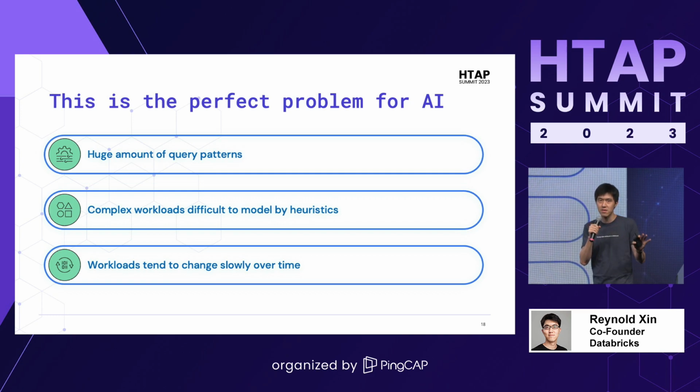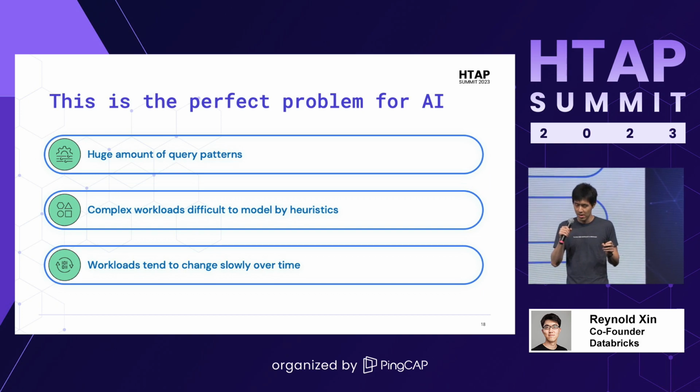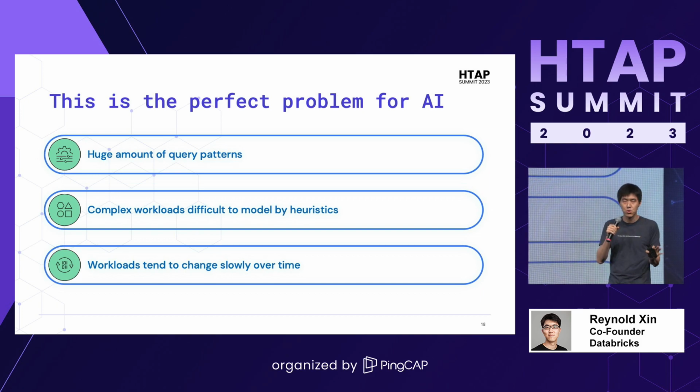This doesn't seem that different. As a matter of fact, it has a lot going for it from an AI perspective. It's plausible, because mankind has run a lot of real-world queries in the past. Complex workloads are difficult to model with heuristics. And last but not least, the workloads tend not to change dramatically in a matter of seconds.